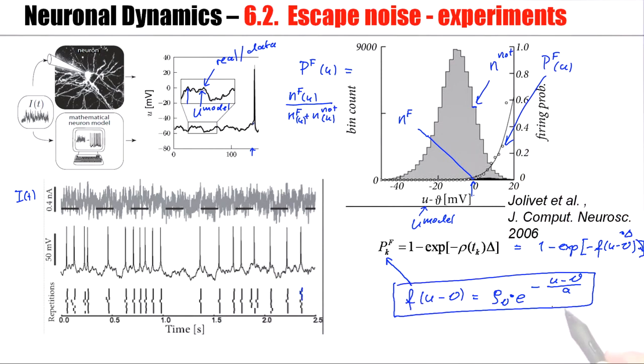In other words, the exponential escape rate that I introduced earlier is a reasonable or even a very good approximation to the intrinsic noise sources in neuronal membranes. Intrinsic noise sources that contribute to the firing of the neuron.